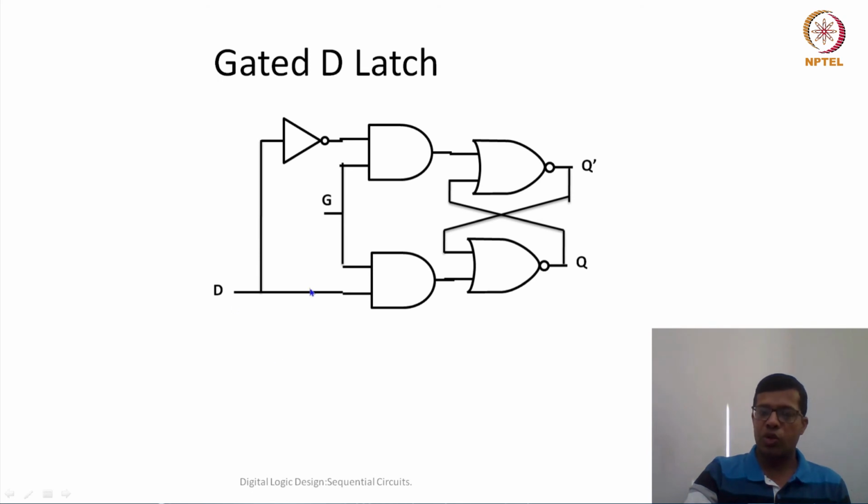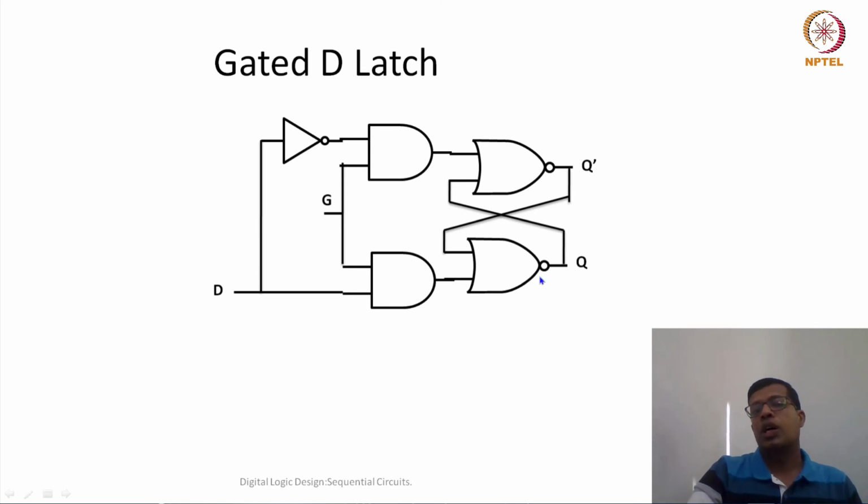That means whenever 0 is given, the input to the other NOR gate is 1. Whenever the input here is 1, it will become 0. So this D latch, along with removing the SR equal to 1 1 condition, has also removed the 0 0 condition, which means if D is 1, my output is 1. If D is 0, my output is 0.